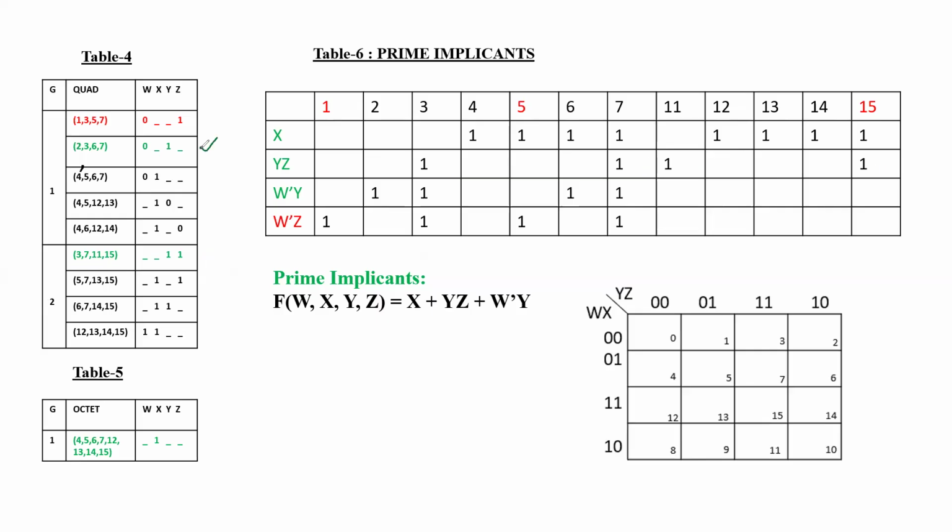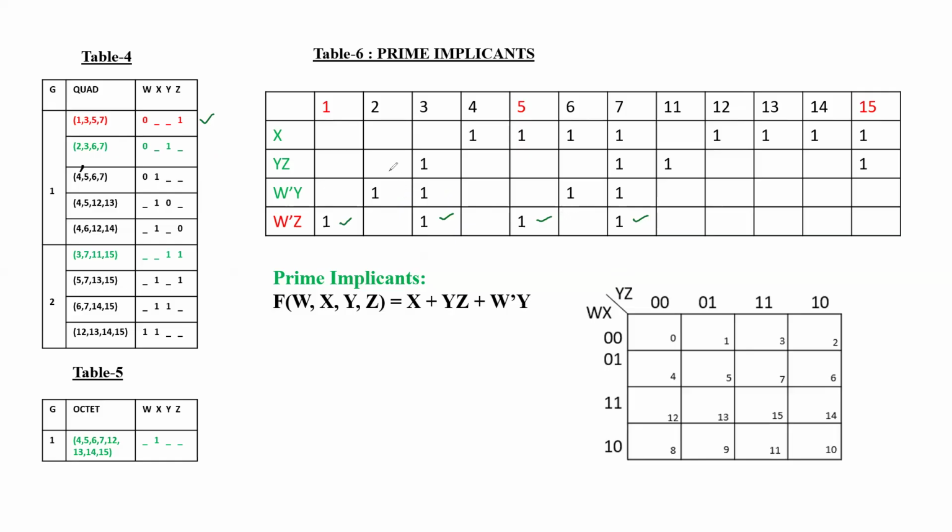That is for the corresponding implicant W dash Y here. So W dash Y is going to cover 2, 3, 6, 7. There we have written 1. So the last one we are left with is going to cover the min terms 1, 3, 5, 7. So we have written 1 for 1, 3, 5, 7 here.